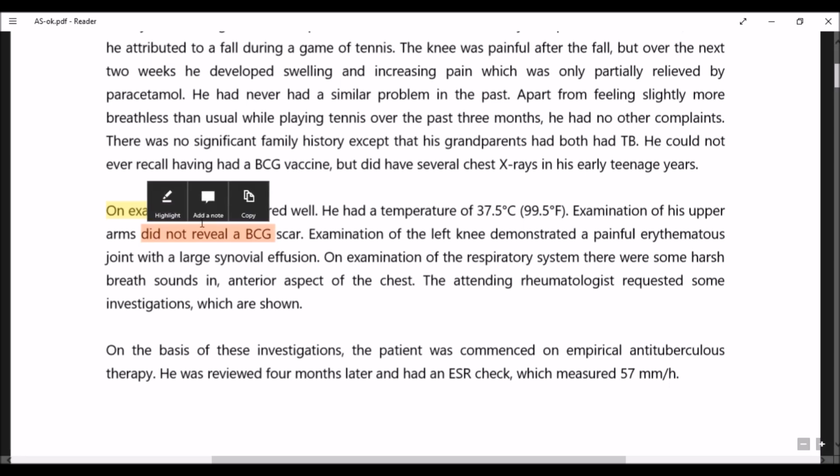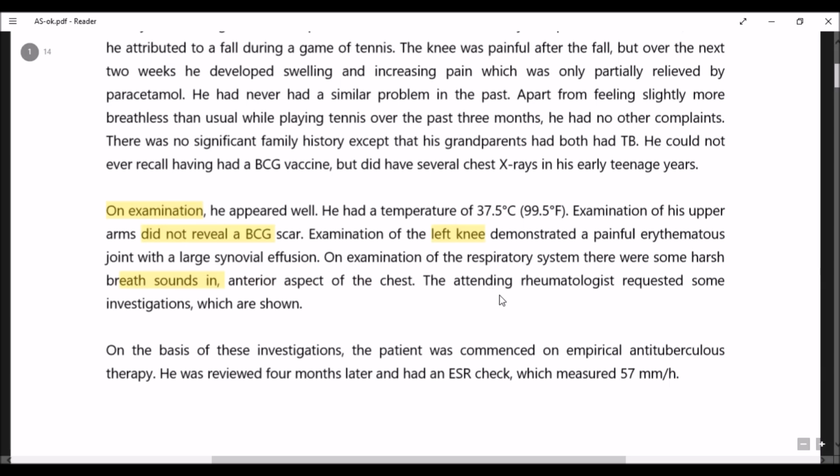So no BCG scar once again, a risk to develop tuberculosis. Examination of the left knee demonstrated a painful erythematous joint with a large synovial effusion. So we got the asymmetrical oligoarthritis part. On the respiratory system, there were some harsh breath sounds in the anterior aspect of the chest.